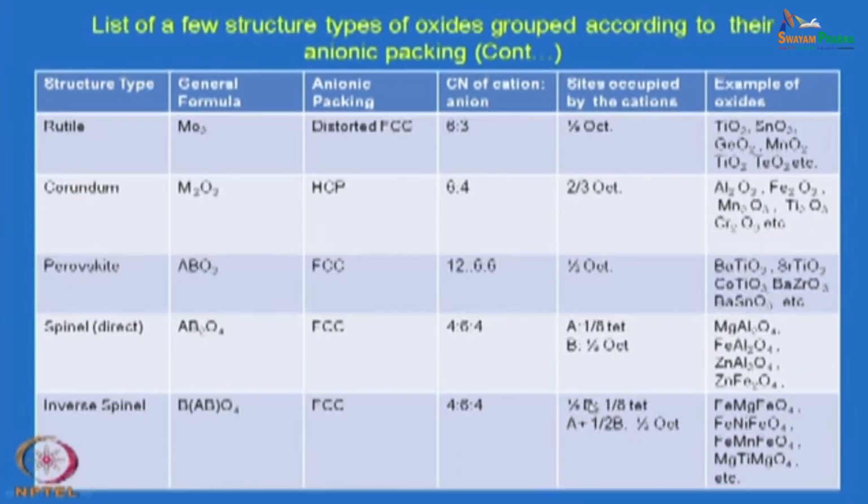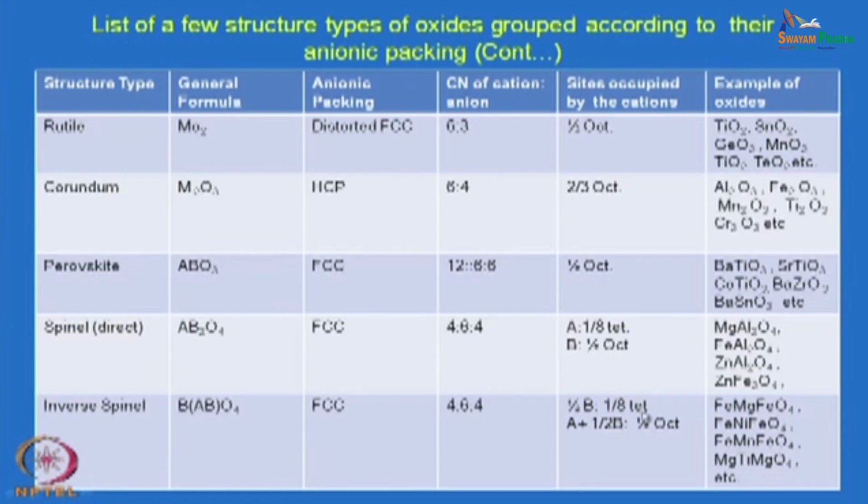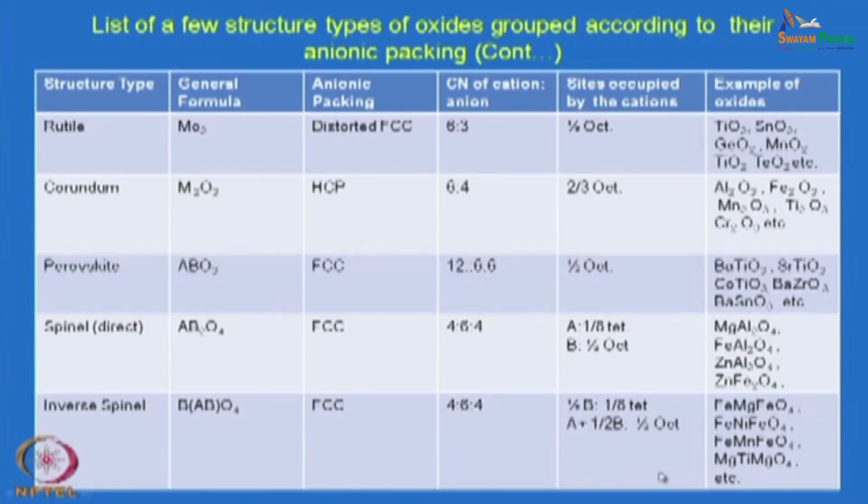So, half of B atom is occupying 1/8 of the tetrahedral sites, and in half of the octahedral available sites, A atoms are there plus half of B. So, there is a redistribution of the A and B ions between the tetrahedral and octahedral sites.